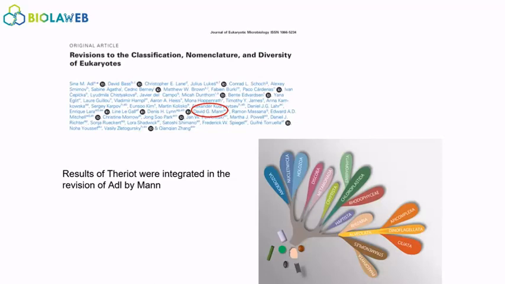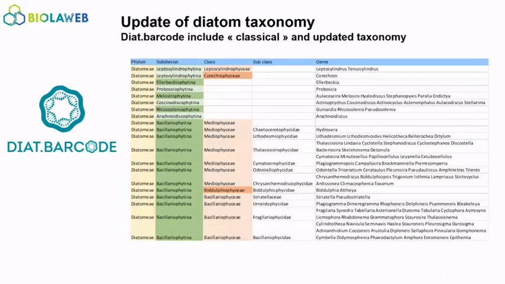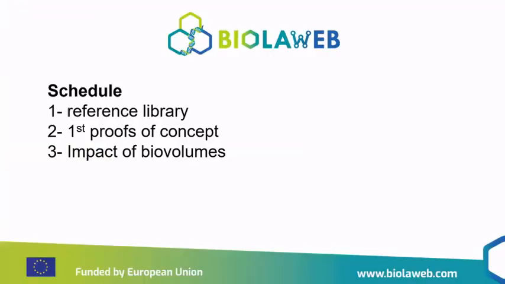David Mann took into account the results of the American colleagues, Edouard Theriot and team, to produce a new taxonomy for diatoms. And this new taxonomy is integrated in Diatom. So it's integrated, but I also kept the classical taxonomy too, not to be completely lost. Okay, that's all for reference libraries and the divergence between them.